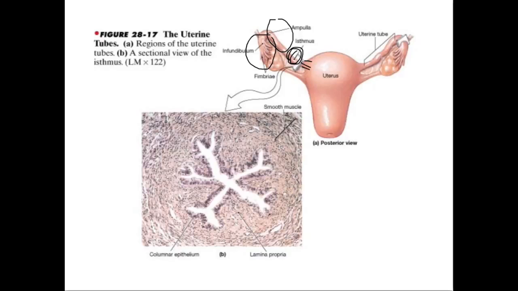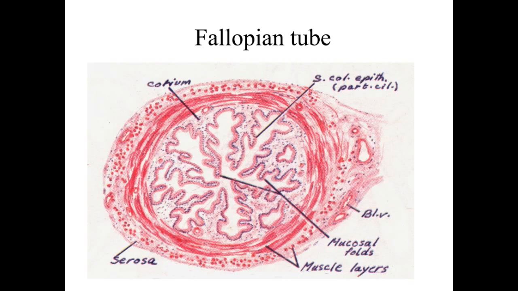And this picture demonstrates the mucosa and the musculosa. This is the musculosa and this is the mucosa of epithelium and connective tissue of the fallopian tube in the area of the isthmus. Here is the histology of the fallopian tube. It is formed of 3 layers.